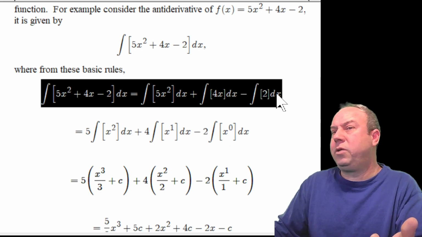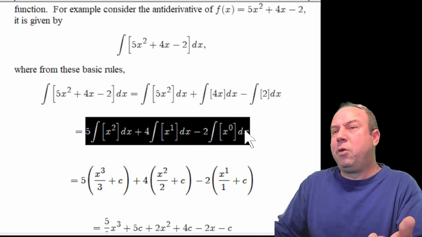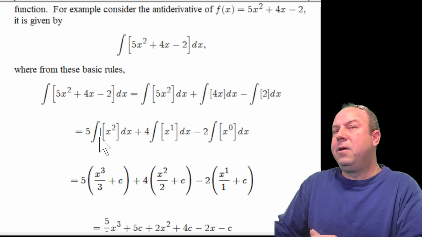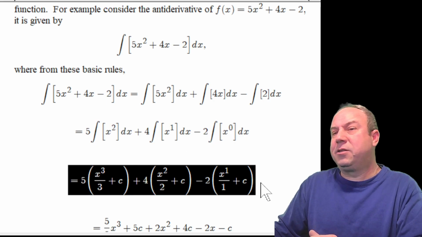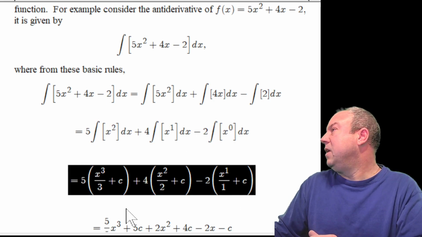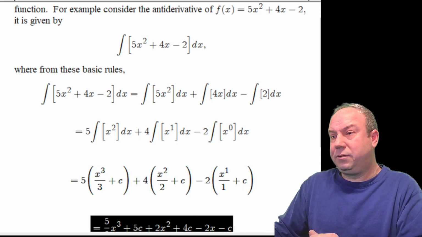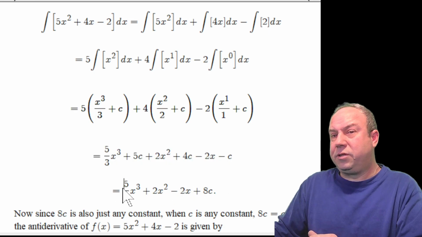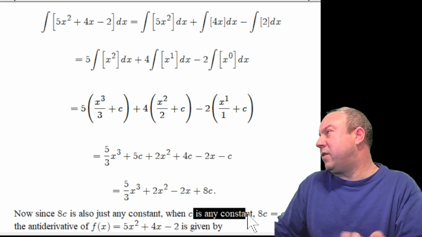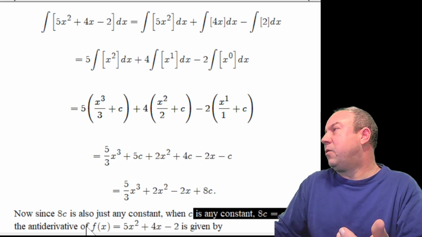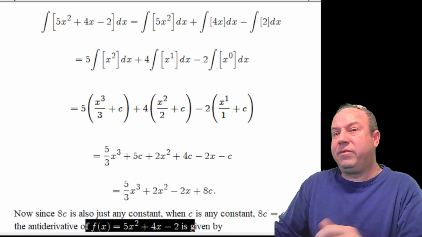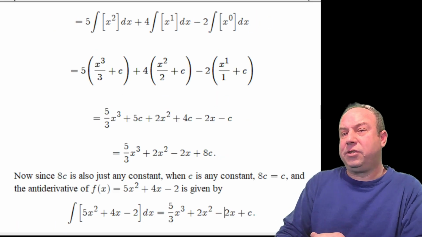Sum and difference rule here, constant multiple rule here, which set me up for applying the power rule to obtain this rule here. Simplifying produces this result, which produces this result, where that constant in the end is nothing more than just another arbitrary constant. So in the end, we can say that the antiderivative is given by this function seen here.